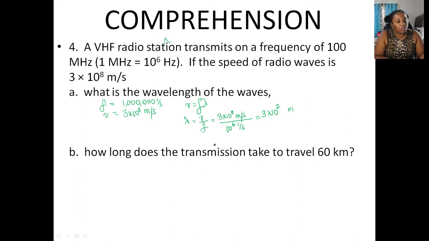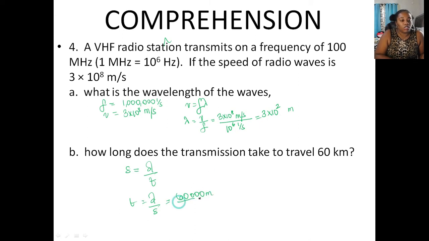How long does the transmission take to travel 60 kilometers? So we have speed equals distance over time. So t equals distance over speed, and the distance is 60,000. Remember, the unit for distance in SI is meters, so you need to convert to meters. Whenever you're doing calculations, convert to your SI units.